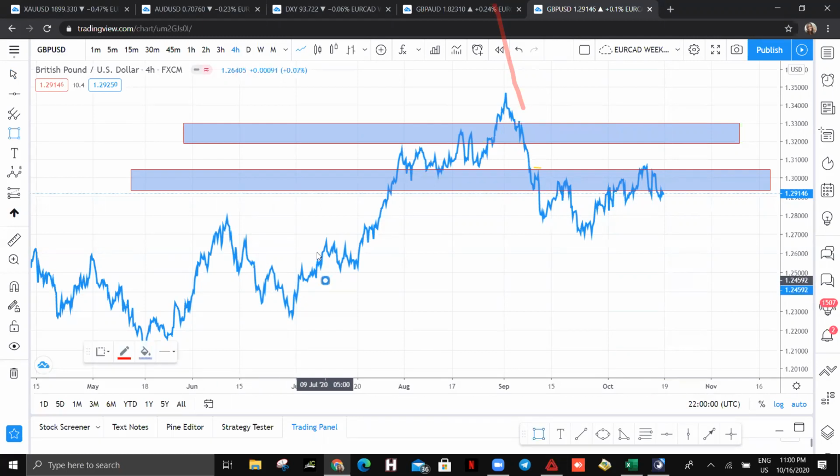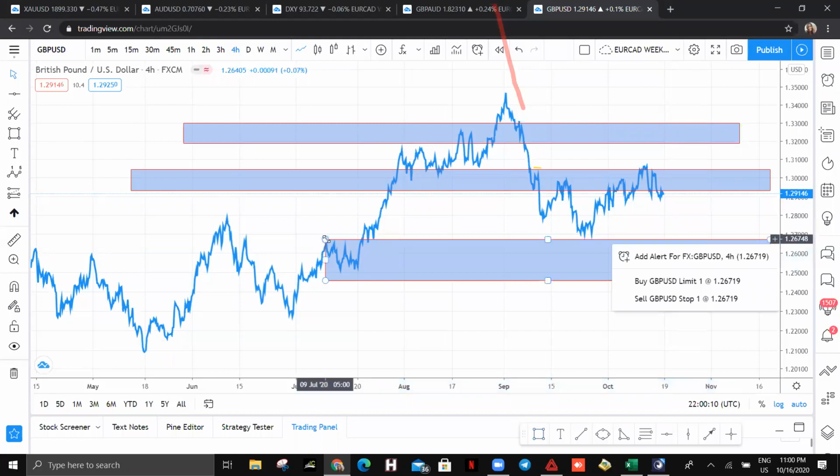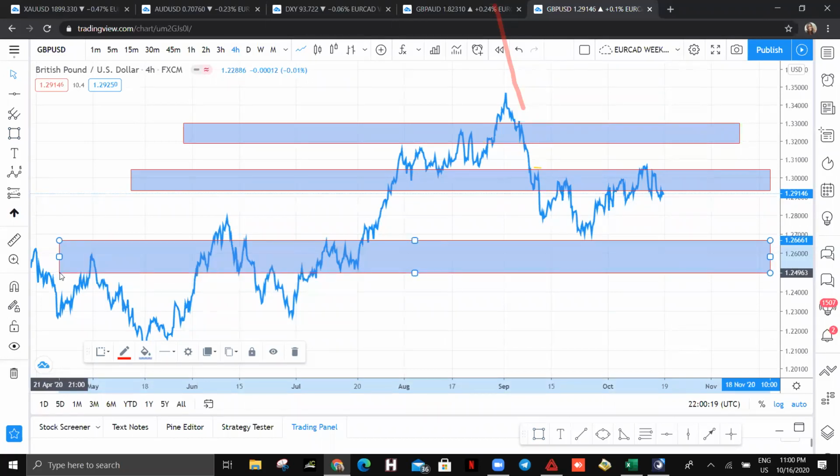By the time I teach you that rectangle strategy, you understand. But before I teach that rectangle strategy, I need to see improvements in your trading style using this one. Then I will know if you are capable enough to do rectangle strategy. Because rectangle strategy, stop loss is very high. You need to have a large account before you can do that.